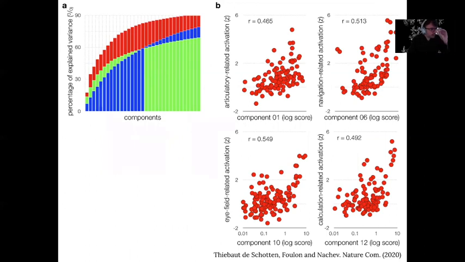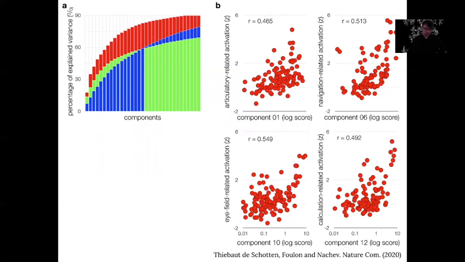And you can see here an example of 4 of those. For example, ingredient number 1, which is a specific profile of disconnection, correlated significantly with articulation-related activation. Another one, ingredient number 6, which has a different pattern of disconnection, correlated very significantly with navigation-related activation.